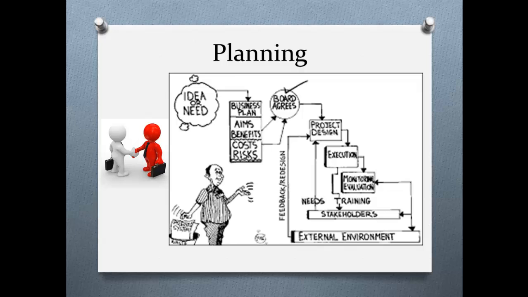Let's say A is the client and B is the vendor. A has some requirement, some project to implement, but the client does not have any idea how to implement it. So that's where he hires B, the vendor.